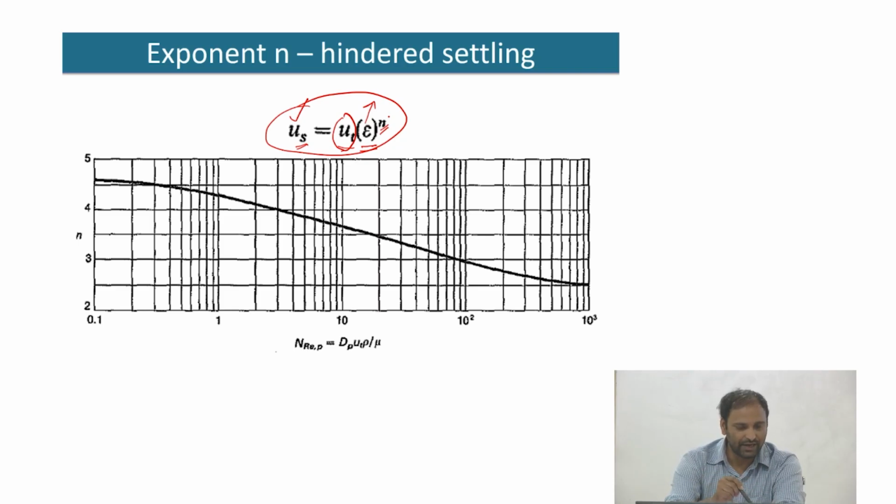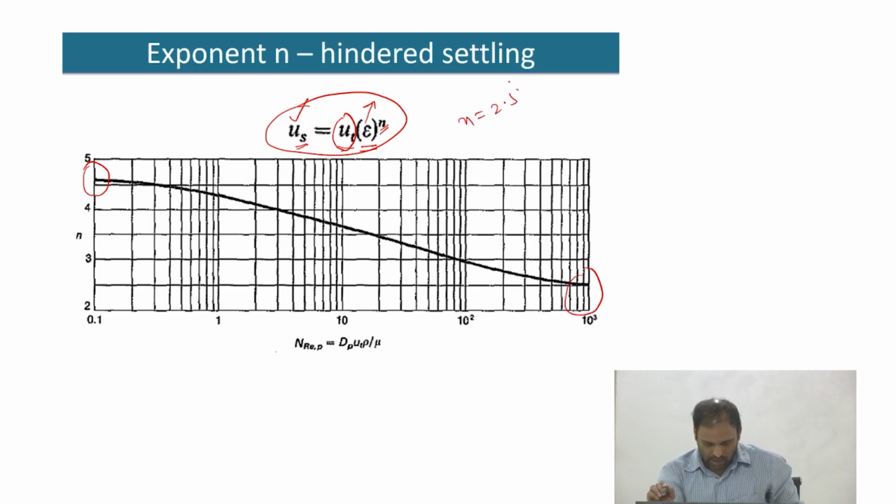If you take the Stokes law regime, then n is of the order of 4.6, and if you take the Newton's settling regime, n is of the order of 2.5.